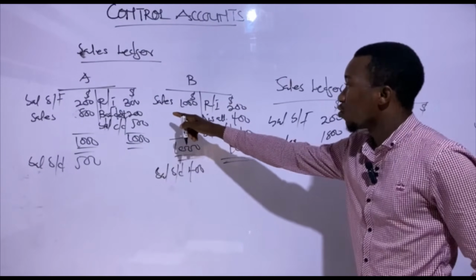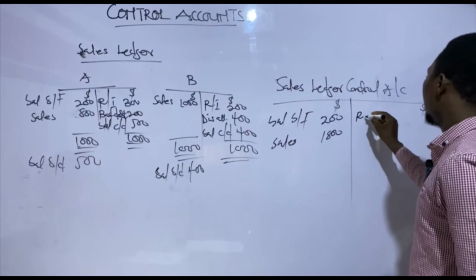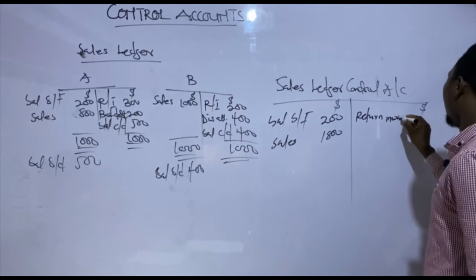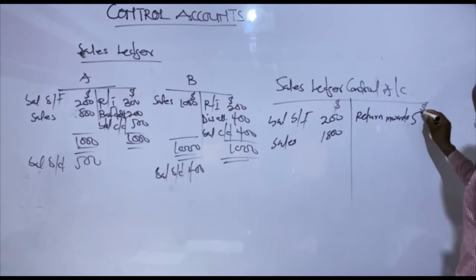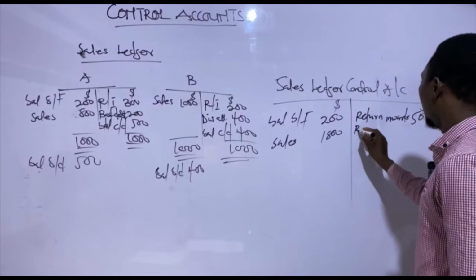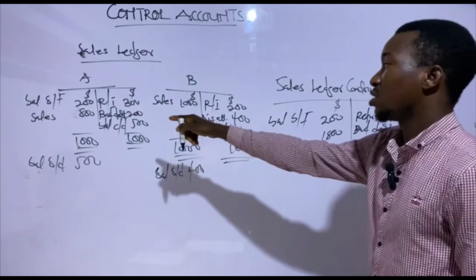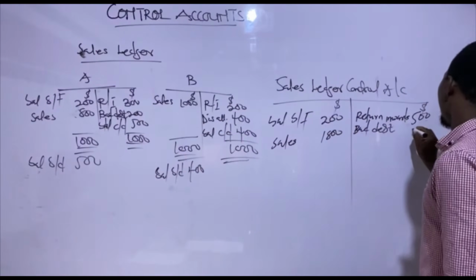We have return invoice 300, return invoice 200. So we have returns of 200 and 300, so 500. The summation 500. We have bad debt. Bad debt appears in only one of the debtors accounts, debtor A, so 200.